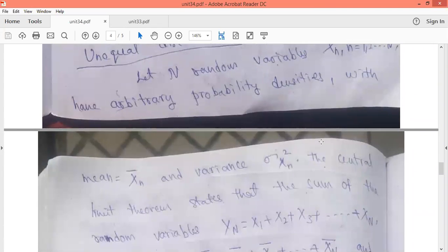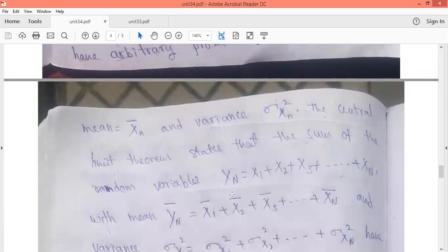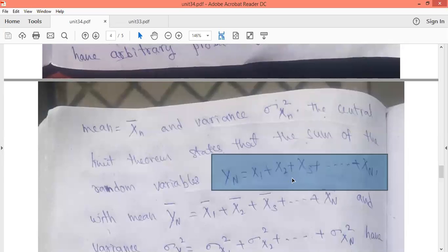The mean of each is Xn bar, and the variance is sigma Xn squared. And the central limit theorem states that the random variable Y will be equal to X1 plus X2 plus X3 and so on up to Xn. So this is the random variable Y, the sum of n random variables.